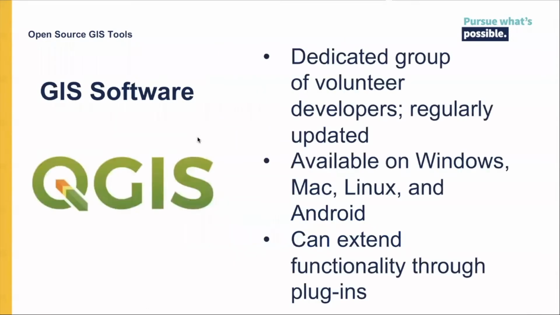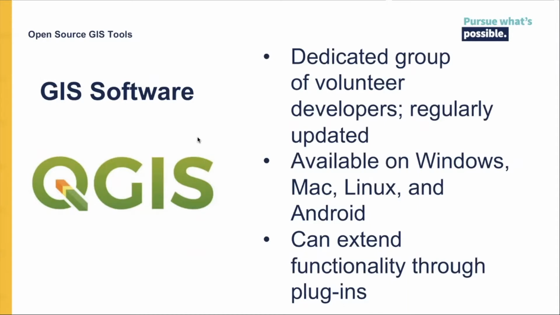So the first one is QGIS. QGIS is one of the most widely used open source GIS tools out there. Actually, compared to the proprietary software that many of us are familiar with, ESRI, in some areas QGIS is used more than ESRI. And it is because it is free and open source, because ESRI does come at a cost.